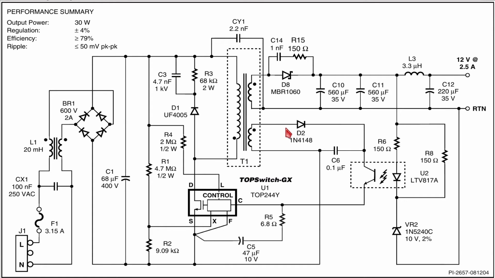And then the secondary has two windings. One of the windings is for the actual output voltage, which provides the power here. Then this is just a normal Schottky diode doing the rectification. And then of course you have the filter capacitors for the outgoing voltage.